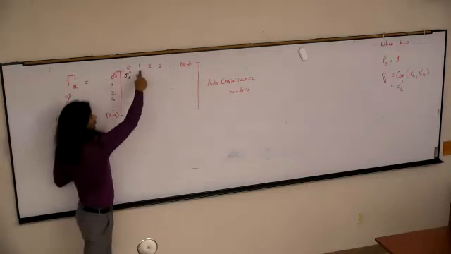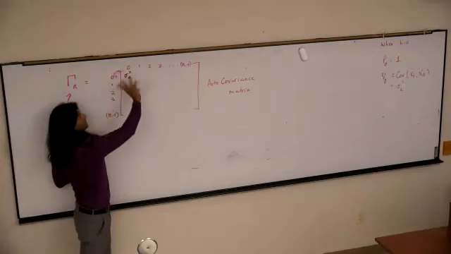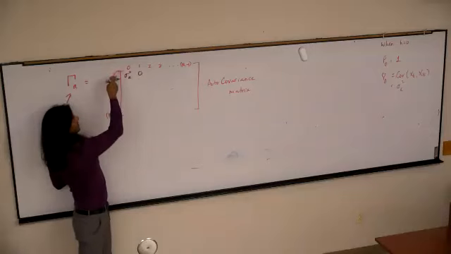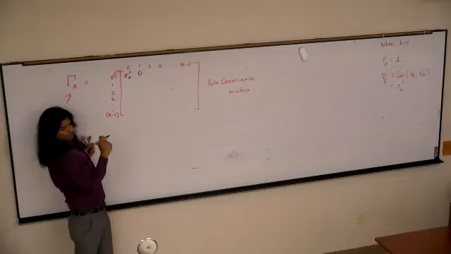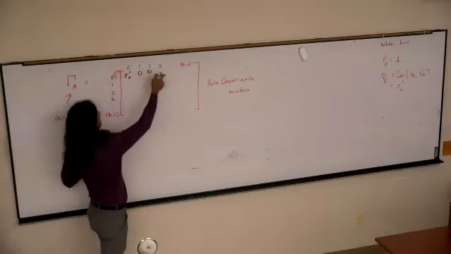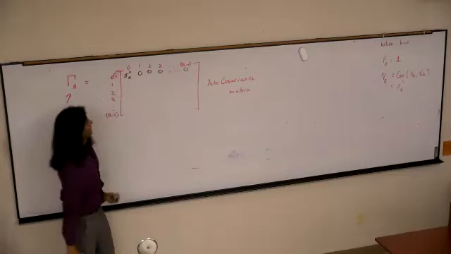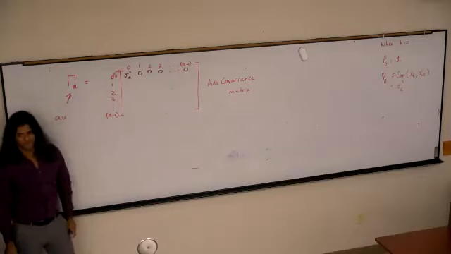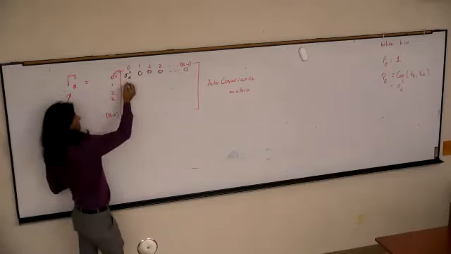0, 1, are the times the same? No, the noise would be independent. I'll have 0. 0, 2, times the same? No, independent. 0, 0, 0, all the way. What do we have over here?